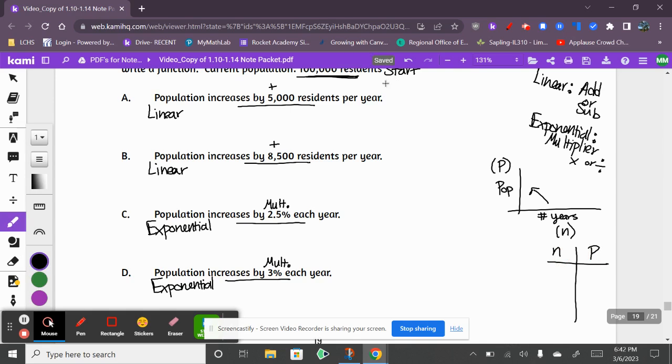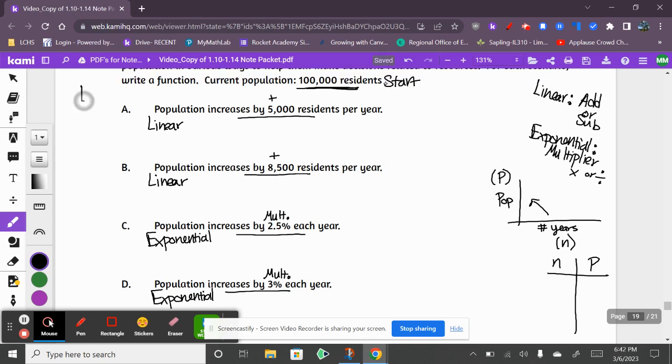With linear equations, so for these two, you are going to be using this setup. Our dependent variable is equal to our start value plus our change times our independent variable. So for each of these, all of them are going to have P as the dependent. So this will be P equals, and this one will be P equals.